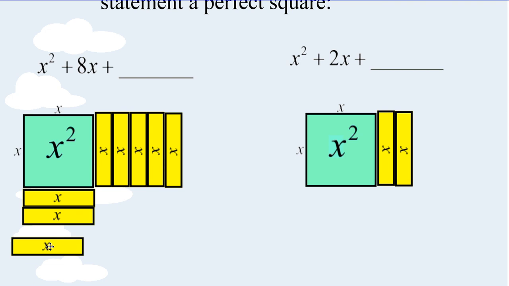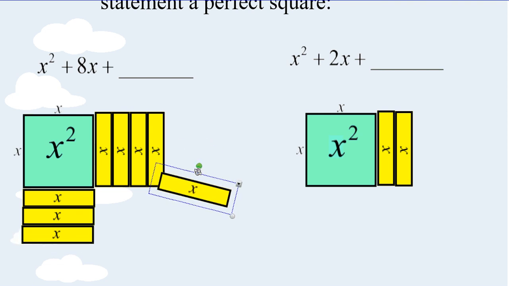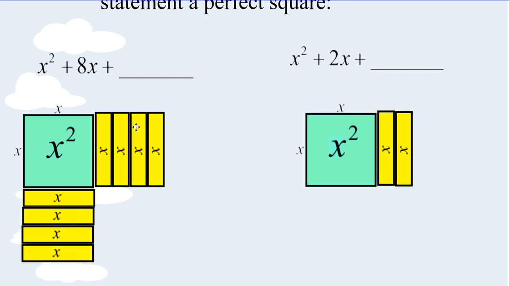So what they would do is take half of whatever the x term was, and move them along the sides. And now they'd say, oh, okay, look, my sides are 4 by 4, and that is much closer to a square, but they realize there's a gap missing here. I'm going to grid it out, kind of like a Hershey's bar or something.